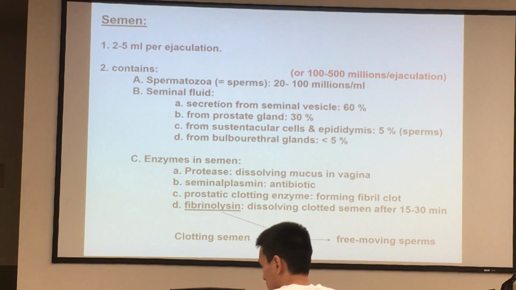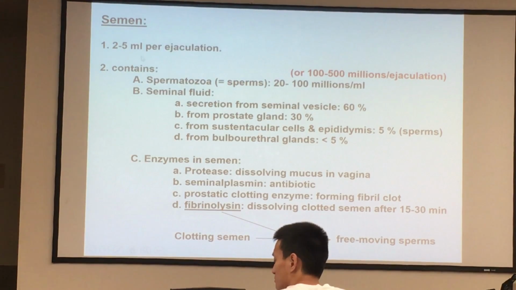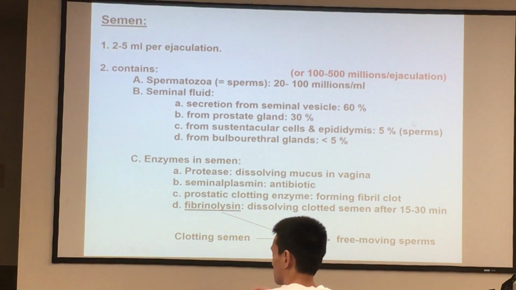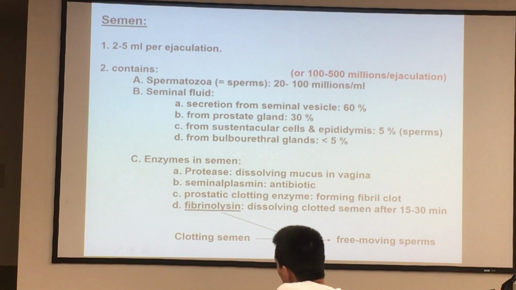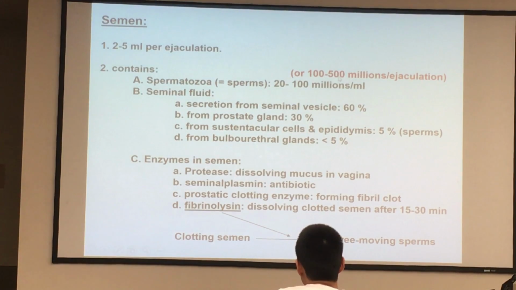Okay, and how many spermatozoa does it contain? Every ml roughly 20 to 100 million. So if you times 5, you can see how much it is. You can reach 500 million. That means half a billion sperm.